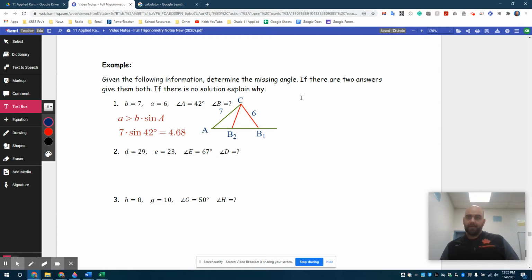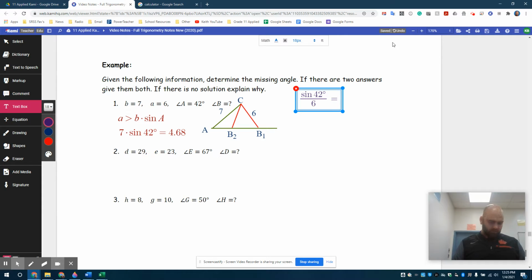Okay, sine law. I'm not going to write out all of sine law here just to save a little bit of space, because we're going to end up fitting some things in here. So sine 42 degrees, you know that one, over 6 is equal to sine of B. I'm just going to do B in there because we'll find B1 first, and then we can use that to find B2.